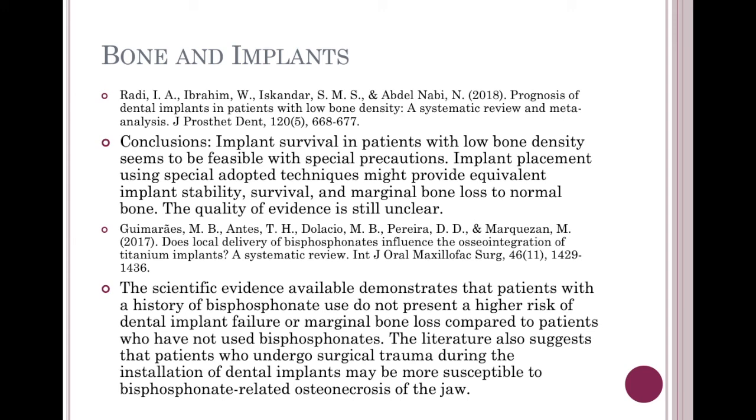So it's really important to maintain good bone health. And this is also true if a patient is taking bisphosphonates. It's not really clear if there is a higher risk of dental implant failure, but this also plays into the idea that bone health is important for the longevity and the success of implants.